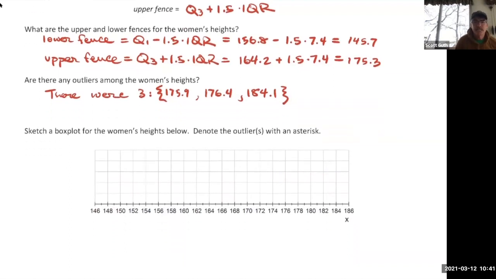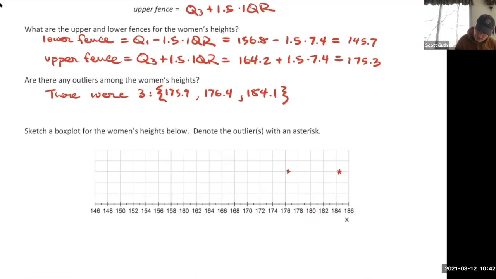Now it's asking us to sketch the box plot on the graph down here. I'm going to go ahead and put my outliers with asterisks. So there's the 184.1 here. The outliers don't get to be part of the box plot; they just get asterisks. And then the 176.4 is going to be about here, I think.